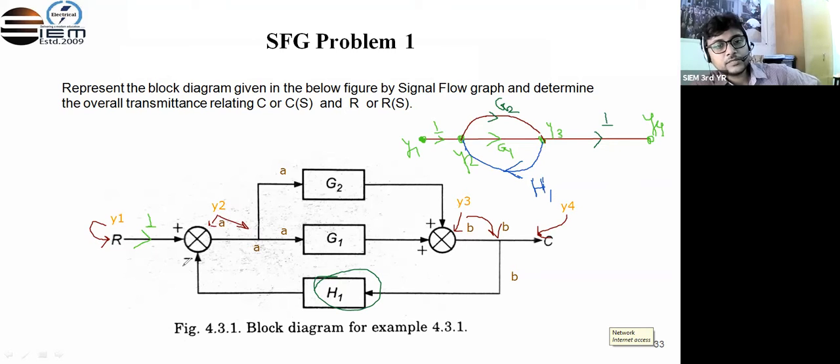But what is the sign? The sign is negative, so it will be minus H1. Okay, now is it clear to students? Yes, sir. Okay.